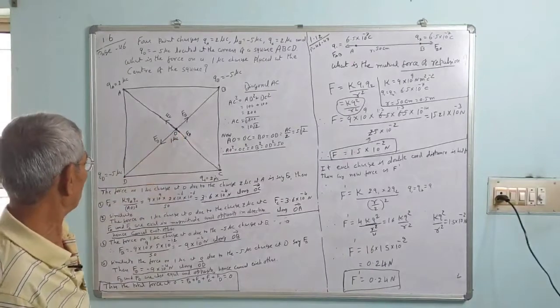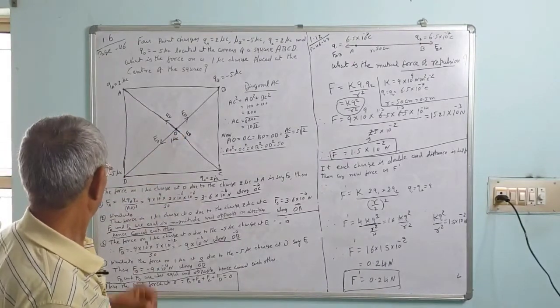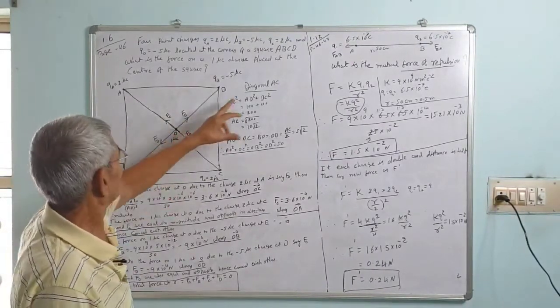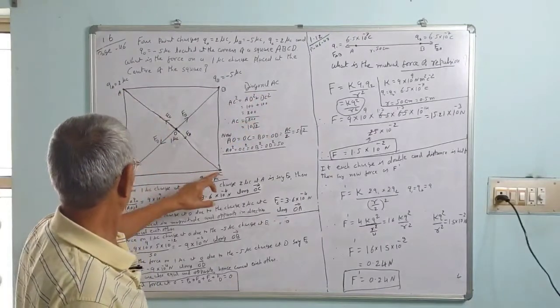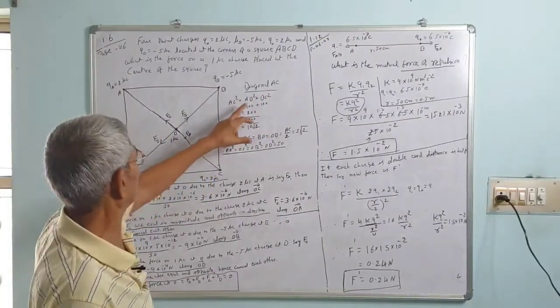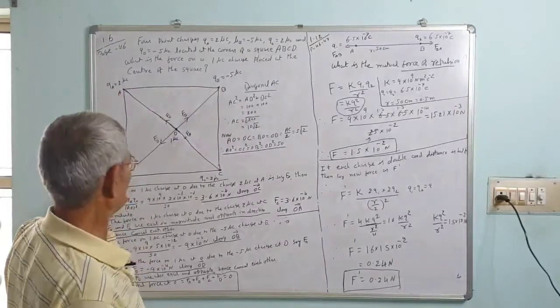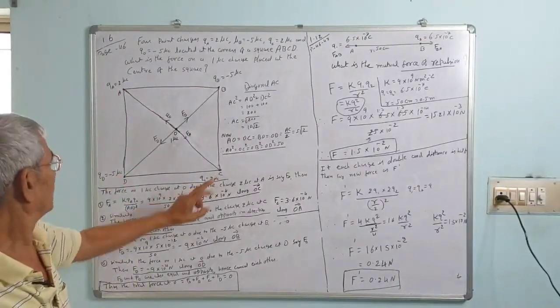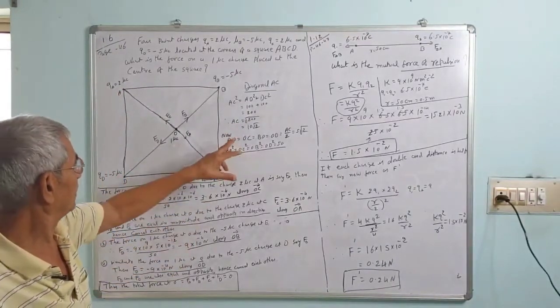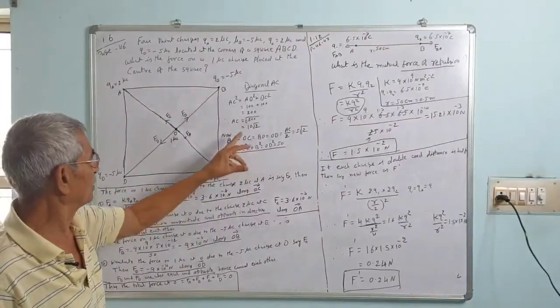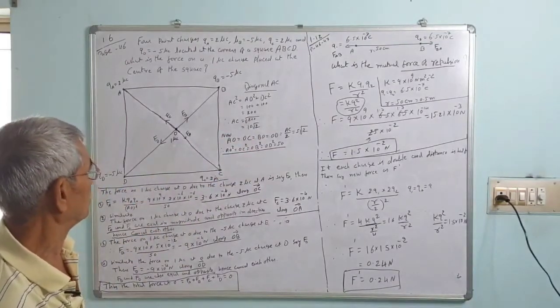Let O be the center of the square. For the diagonal AC, according to Pythagoras theorem, AC square is equal to AD square plus DC square, that is 200. So AC is equal to square root of 200, that comes to 10 under root 2.